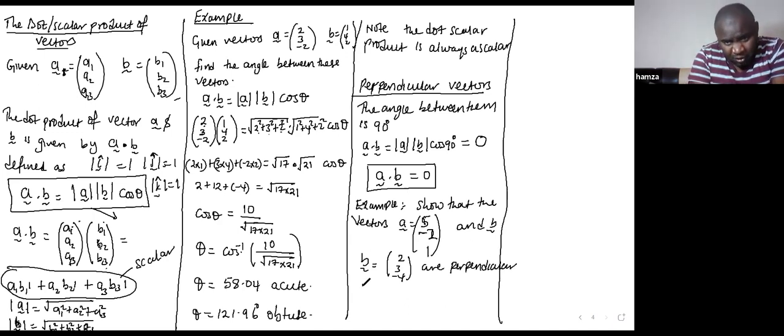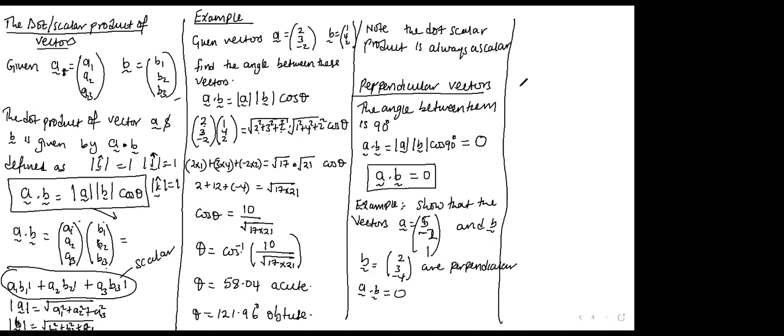It means if you dot A and B, you must get a 0. If they confirm that, then it confirms that they are perpendicular.